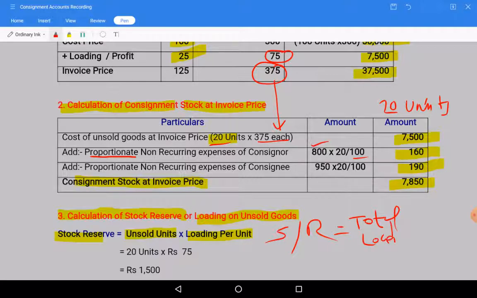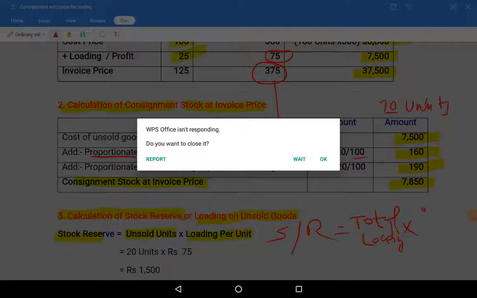This generally we follow when per unit information is not given. This we did in yesterday's problem solving.